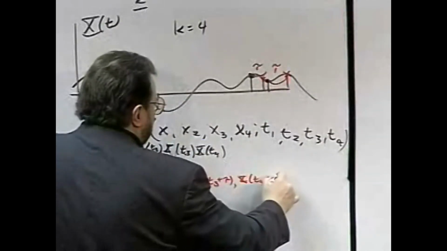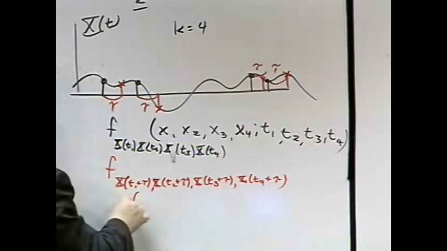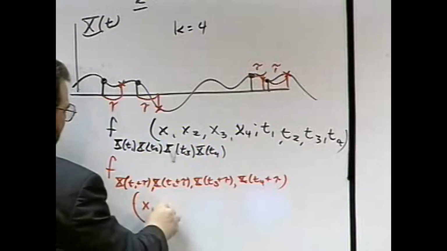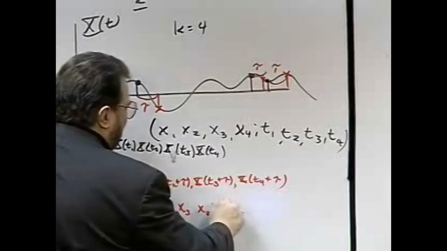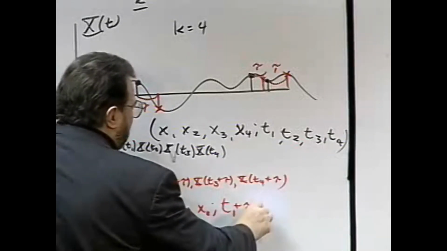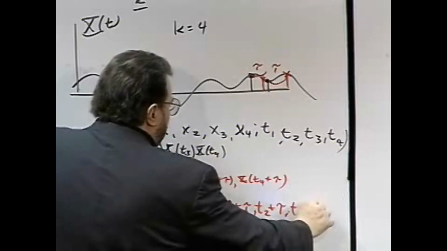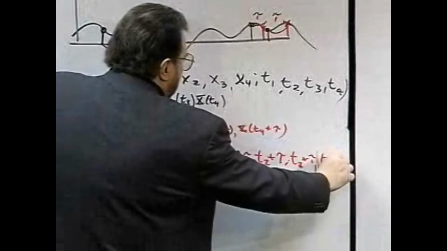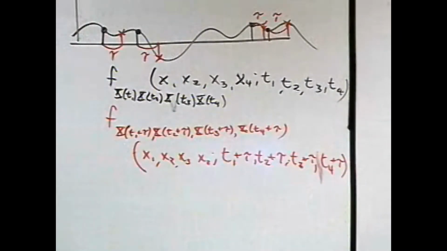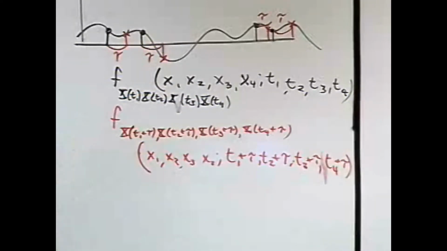That's just the subscript. And the argument, excuse me, I'm doing the argument on the next line, would be x1, x2, x3, x4. It's still just a function of 4 variables. But now the variables are t1 plus tau, t2 plus tau, t3 plus tau, and t4 plus tau. Next time I'll use only 3. So that's the density function for these new 4 points, which I obtained by taking the old 4 points and shifting them all over by tau.